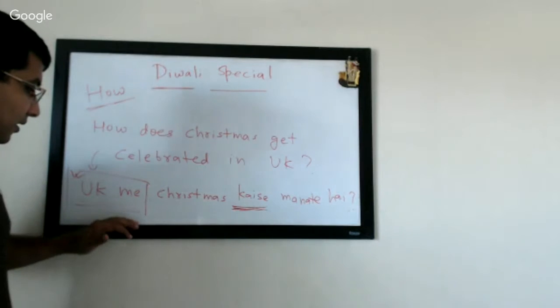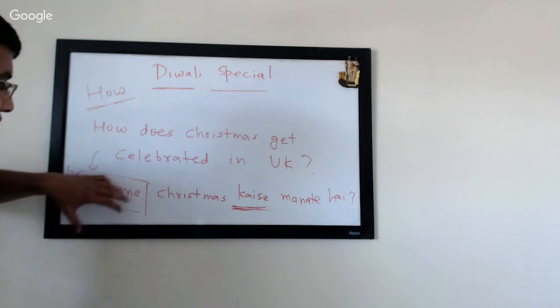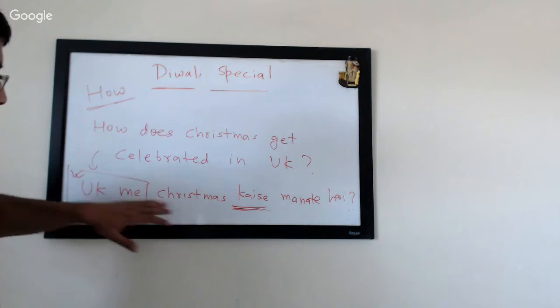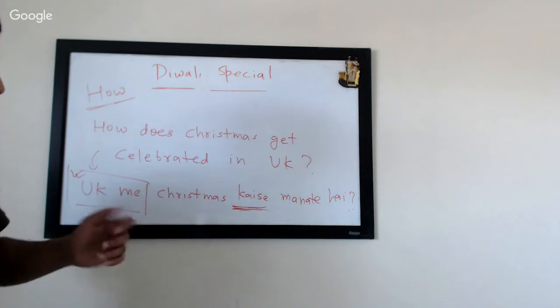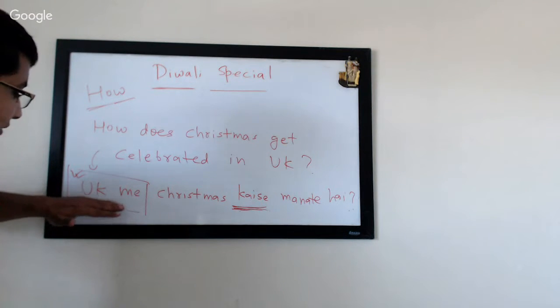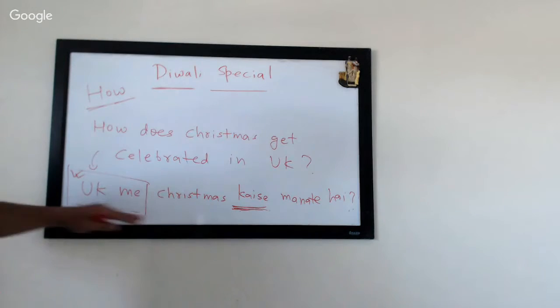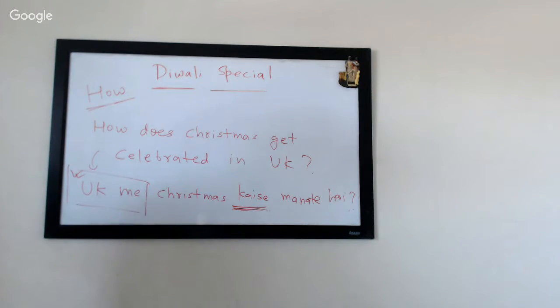Because of language agility, Hindi allows you to put it everywhere. Christmas कैसे UK में मनाते हैं, you can say that, there's nothing wrong with it. But if you want to be grammatically correct, you put this thing in the beginning. It's easier to read it. There's one more question: लोग कैसे.